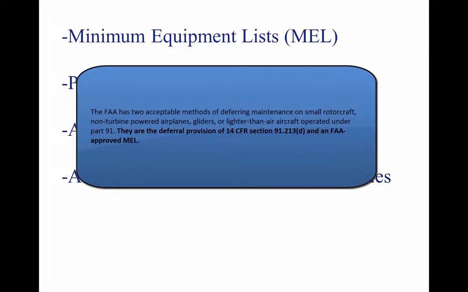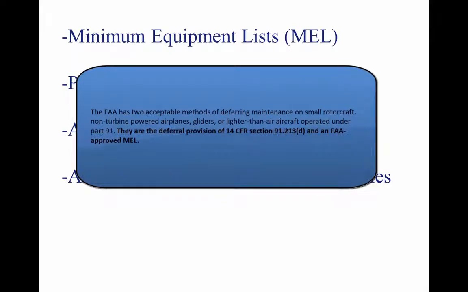The FAA has two acceptable methods of deferring maintenance on small rotorcraft, non-turbine-powered airplanes, gliders, or lighter-than-air aircraft operated under Part 91. They are the deferral provision of 14 CFR Section 91.213(d) and an FAA-approved MEL.